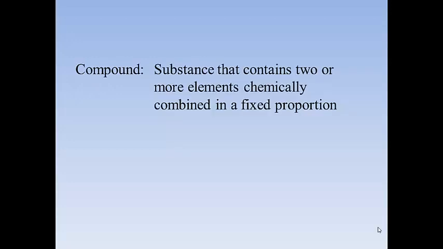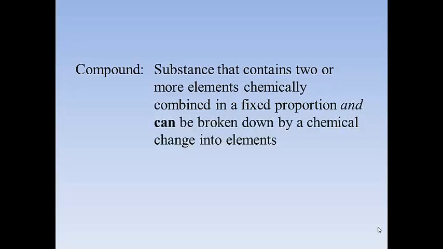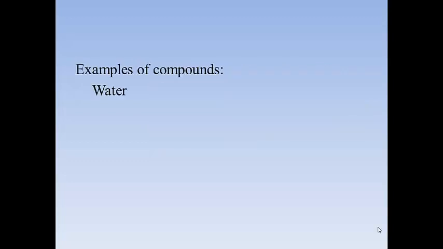A compound is a substance that contains two or more elements that are chemically combined in a fixed proportion and can be broken down by chemical change into elements. Examples of compounds: water is H2O. It always has two hydrogens and one oxygen. Table salt is sodium chloride, NaCl.